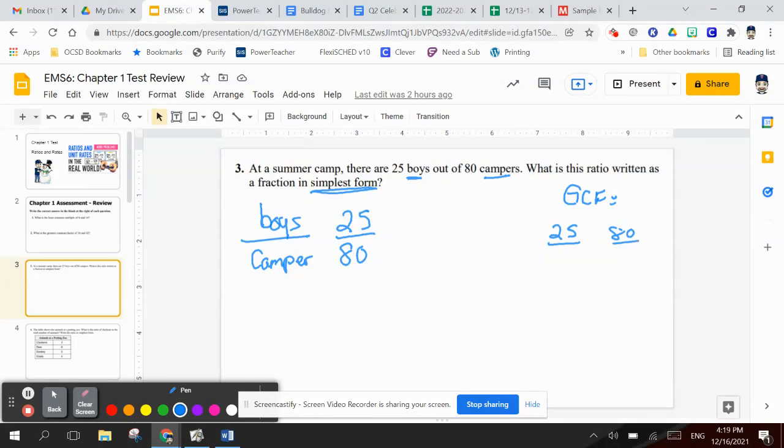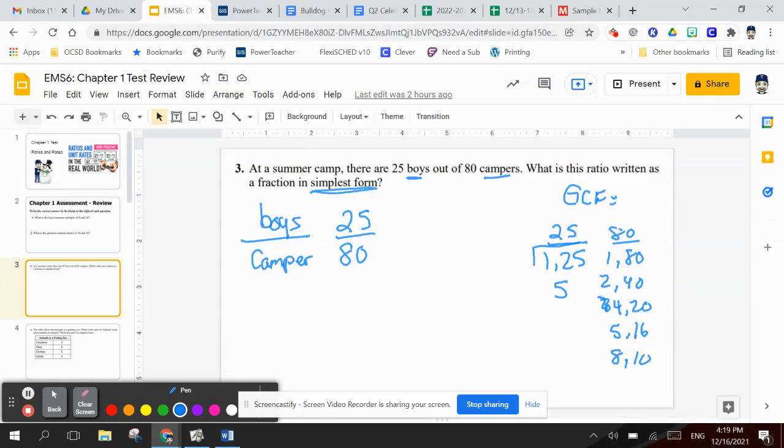So I have 25 and I have 80. I'm going to write down all my factors again, just like I did in number 2. So 25 is 1 and 25, and 5 times 5. 80 is 1 times 80, 2 times 40, 3, nope, that doesn't work, 4 times 20, 5 times 16, and 8 times 10.